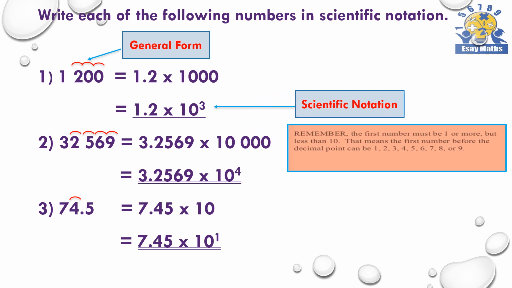Remember, the first number must be 1 or more than 1 but less than 10. That means the first number before the decimal point can be 1, 2, 3, 4, 5, 6, 7, 8 or 9.